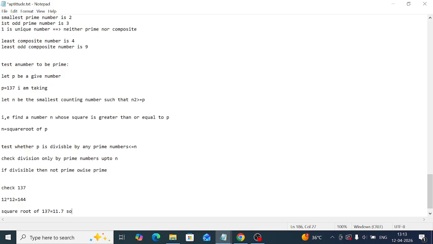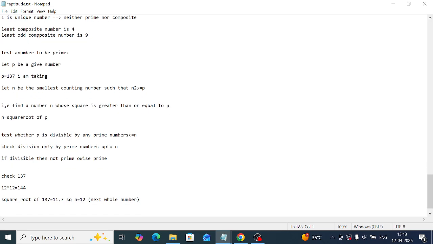So N is approximately 12, the next whole number after 11.7.